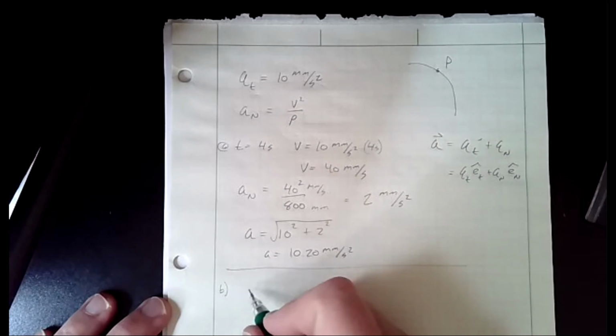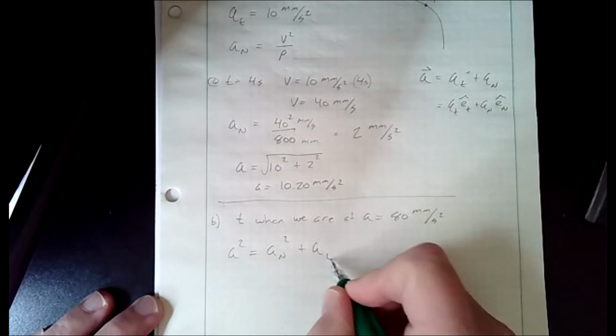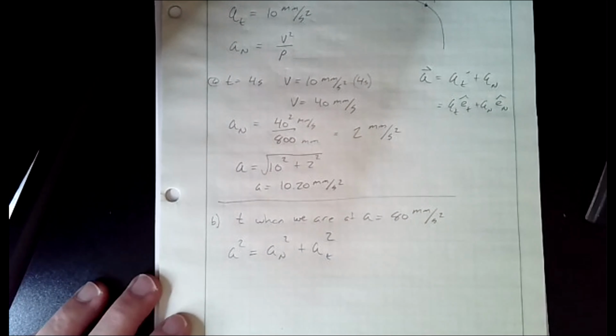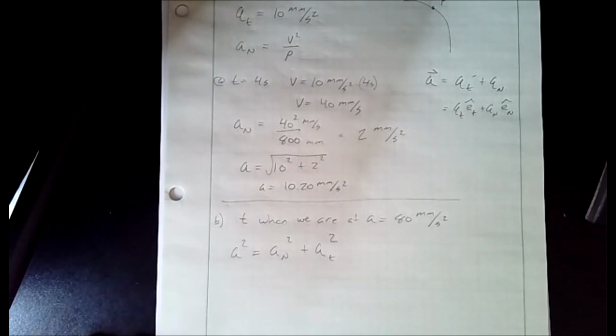So we know that a squared equals a normal squared plus a tangential squared. And we're going to have to do a little substitution, since velocity equals tangential acceleration times time. That's how we learned that up here. Let me make my writing not so cryptic.